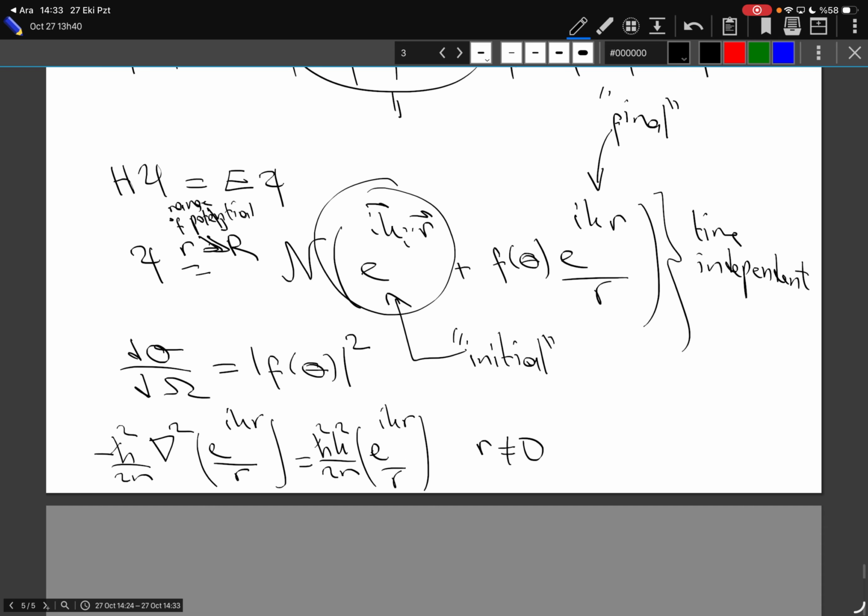So whatever wave function you have should satisfy the free Schrödinger equation outside this region. This is the general solution of the free Schrödinger equation consistent with my boundary conditions. So out of my region, sufficiently far away, this should be my solution. And that f of theta turns out to determine the scattering cross section.